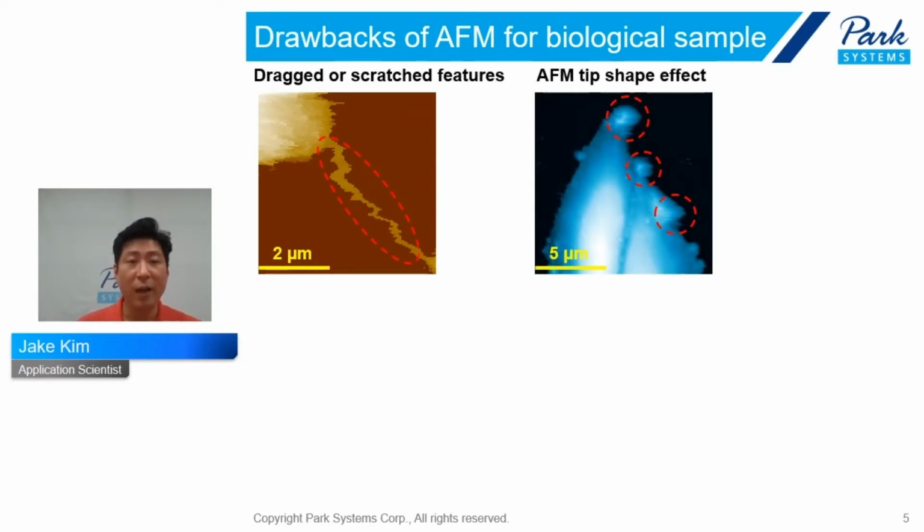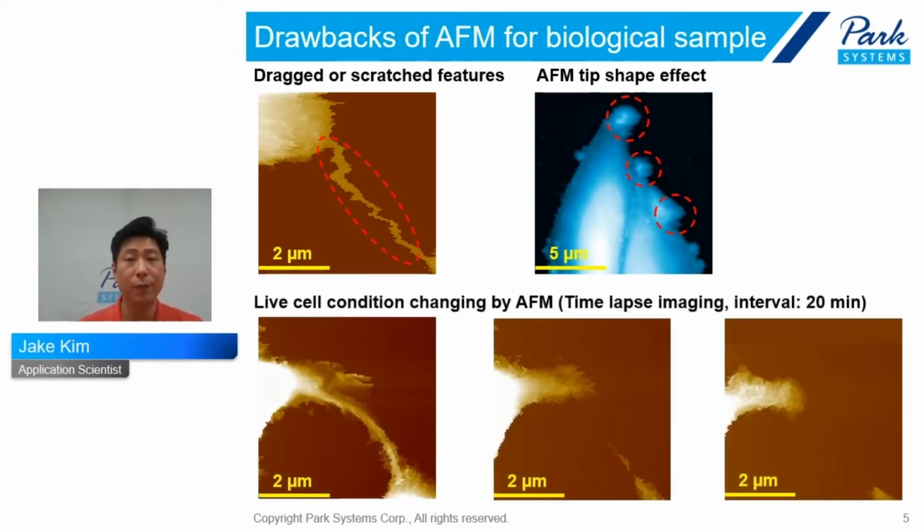Also, the AFM tip directly affects the sample's features, and this may change the condition of the living sample. Of course, this example may show the condition of an actual living cell, but the AFM tip may have accelerated the breakage of the cell's intercellular bridge.